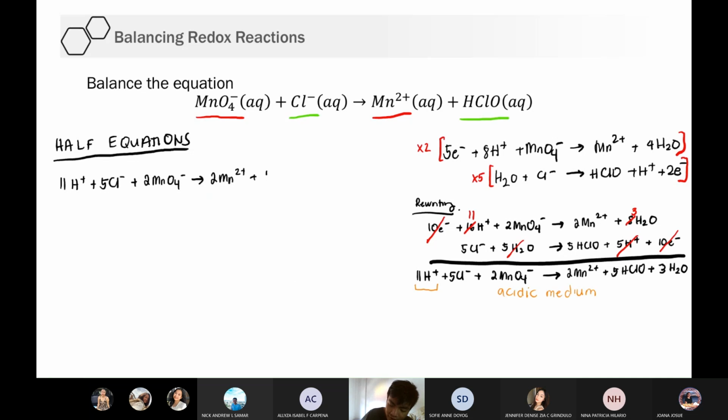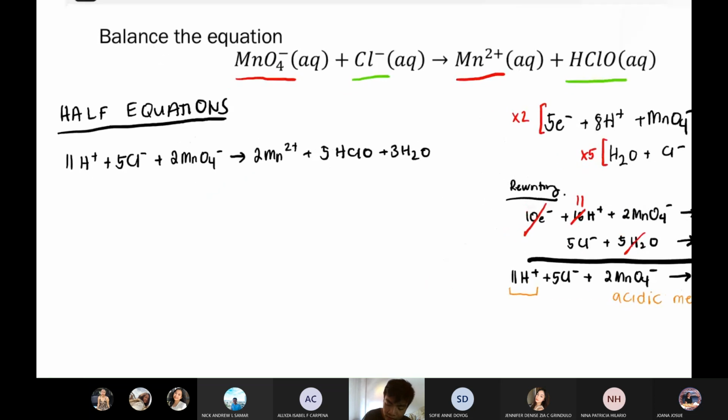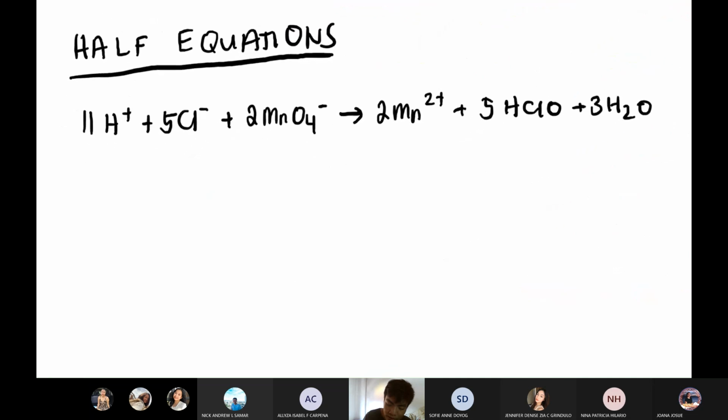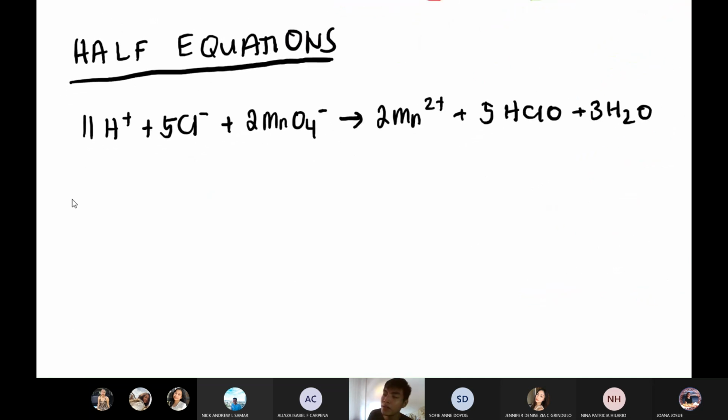Ang weird, no? Ang laki-laki ng equation natin. Ganun talaga. HClO, 3H2O. Zoom in tayo. Ayan, sakto. So, this is our equation and gaya ng sabi ko, this is in acidic, no?